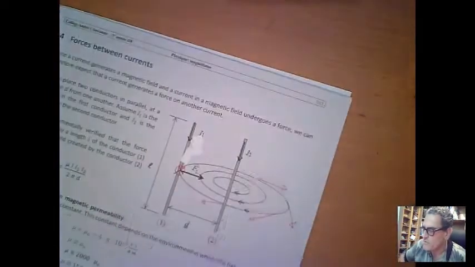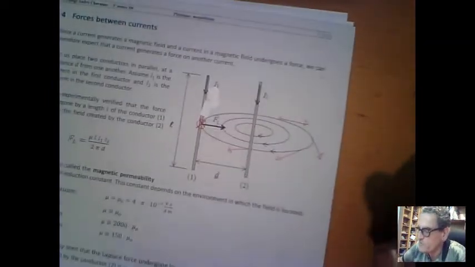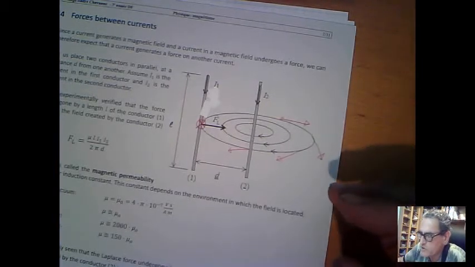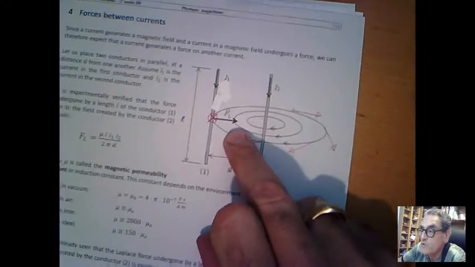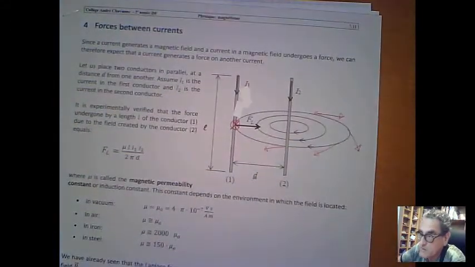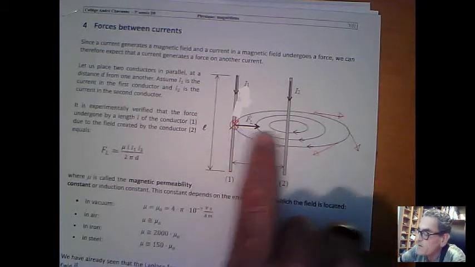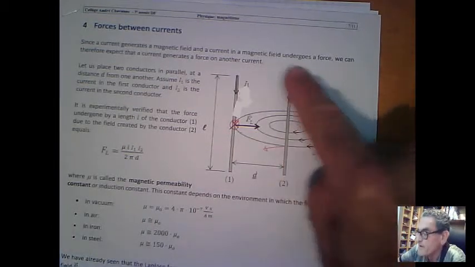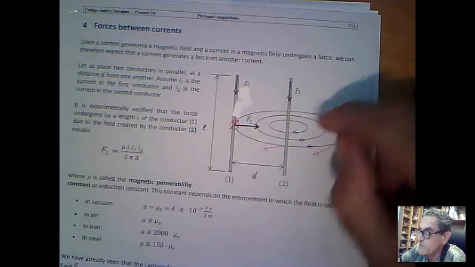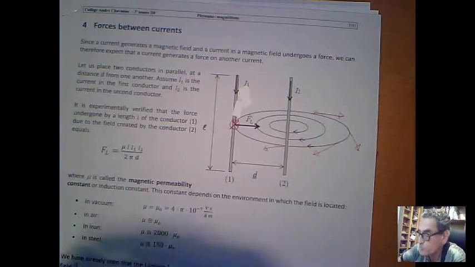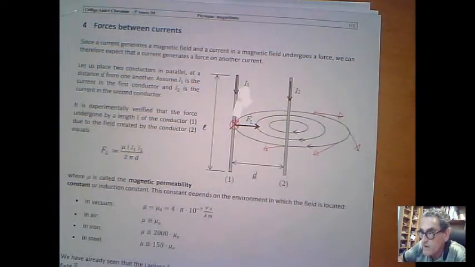So this is the situation when you have two conductors with currents parallel to each other. There is actually a force between the conductors. This conductor is attracted towards the other conductor, and since the situation is symmetrical, this conductor is also attracted towards the first. So the two conductors feel an attraction between them.